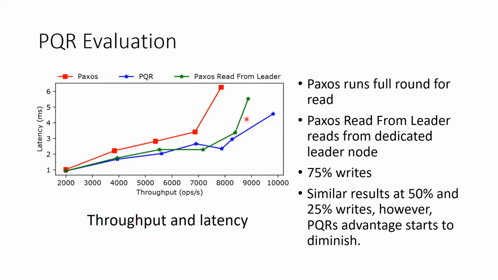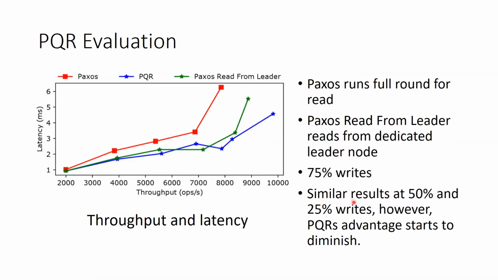So we can balance the load between the nodes better by shifting a lot of the read burden to the followers and the client. In this write-heavy workload, this allowed us to have up to like 25% better throughput compared to regular Paxos, and about 10 to 15% better throughput than Paxos read from leader, just because we are not tagging this leader all the time for this 25% of the writes. As I said, we observed similar results at other write ratios, but they actually tend to diminish a little bit.